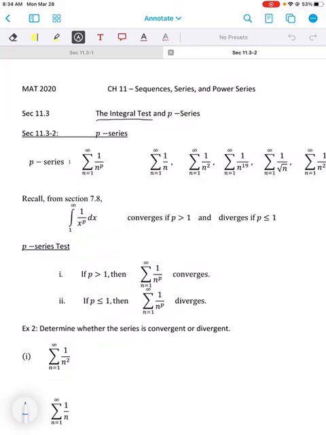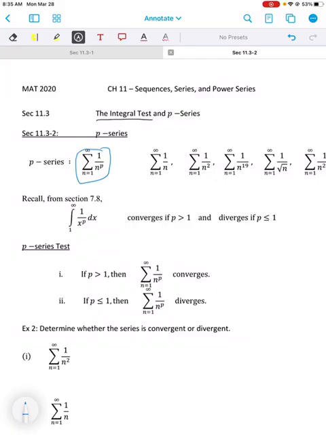So p-series test. So what is a p-series? Well, a p-series is a very simple series, something looking like this, where p is a real number, and we are going to say that p is positive.